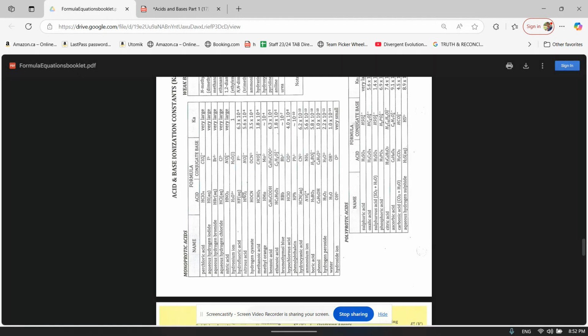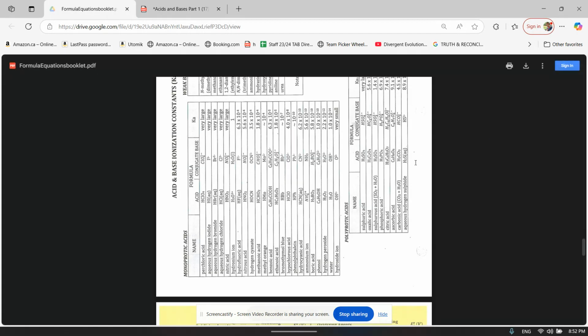These are all the Ka values provided here, and then some Kas are just listed as very large. What you'll notice is all the very large Kas are the strong acids. Your strong acids have Kas so large, meaning they favor the product so much, with a big product numerator over a small reactant denominator, that it's not really worth calculating a Ka and saying there's an equilibrium.